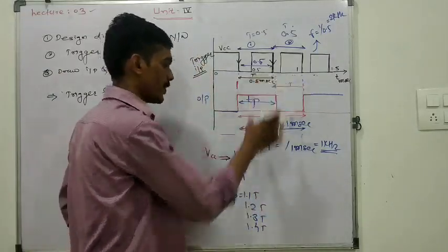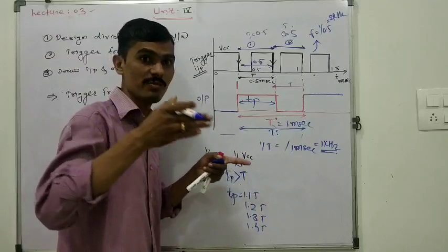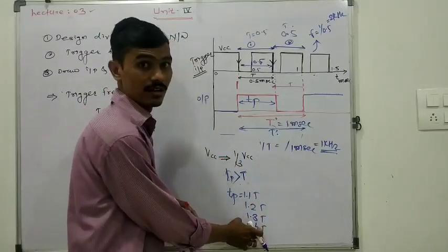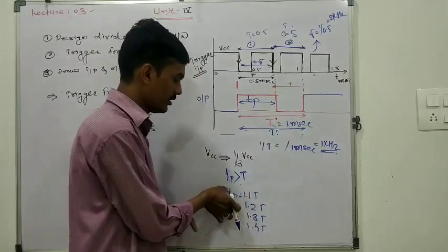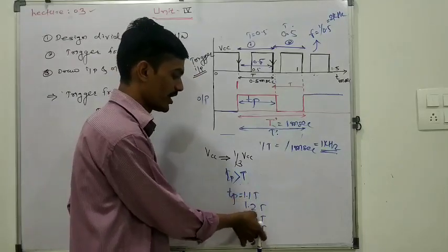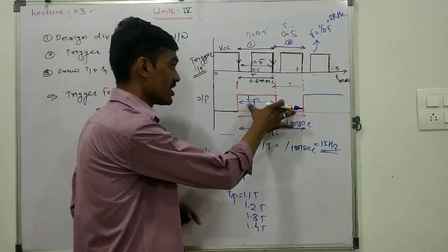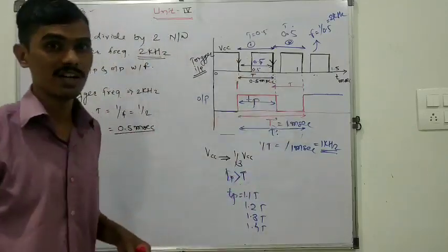Up to 2 T you can take any value, but it must be less than twice T. Is it right? Whenever we assume such a condition, that is Tp equals 1.1 T, 1.2 T, then and only then we get such a waveform at the output.